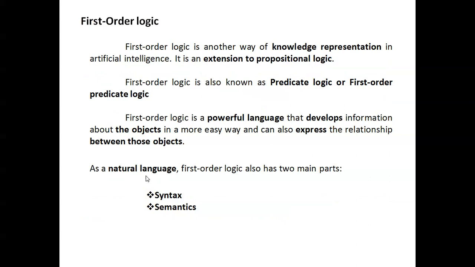First order logic is another way of knowledge representation. It is an extension of propositional logic. In the last slide we learned what propositional logic is, and that extension is called first order logic. Another name for first order logic is predicate logic or first order predicate logic.